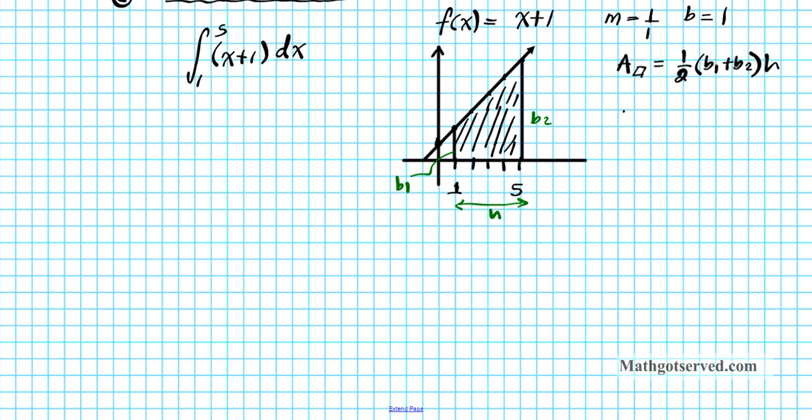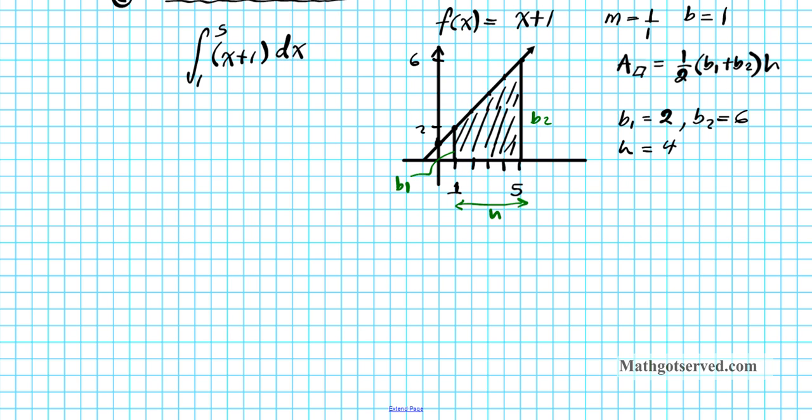So we can see that B1 is equal to 2. It's 2 right here, that's B1. B2 is 6. You can see B2 right here, 1, 2, 3, 4, 5, 6. So B2 equals 6. And the height of our trapezoid is the distance from 1 to 5, which is 4 units.